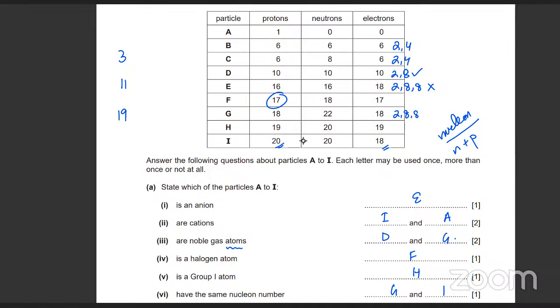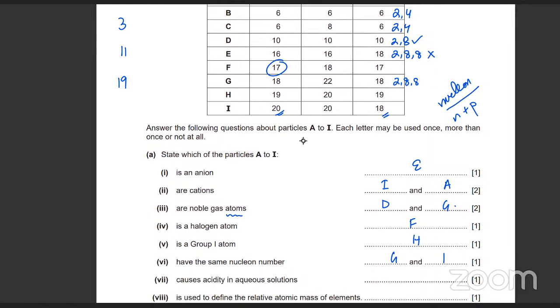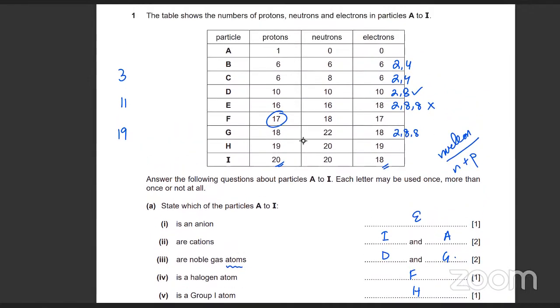So cause acidity in aqueous solutions, what does that mean? वो कौन सा element है that causes acidity when you add it to an aqueous solution? तो ये देखना पड़ेगा कि metals, remember, they always form bases. अगर आप कोई metal उठाओगे, I need a periodic table next to this.